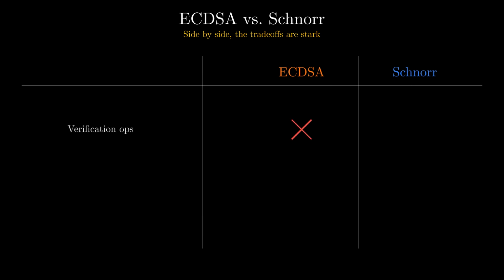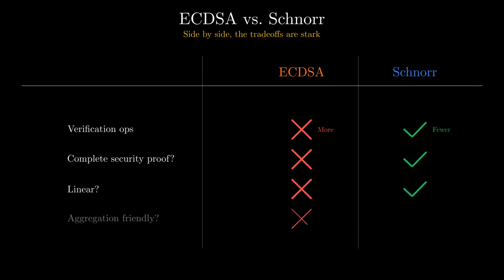Side by side, the trade-offs are stark. ECDSA requires more verification operations and has no clean security proof. Schnorr does. ECDSA is nonlinear, meaning two signatures can't simply be added together. Schnorr is linear, which is why aggregation schemes like MuSig and FROST only became practical after Taproot activated Schnorr in 2021.